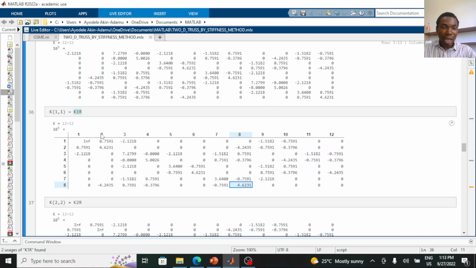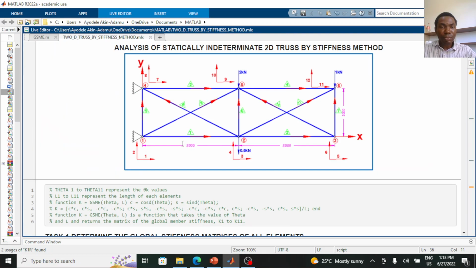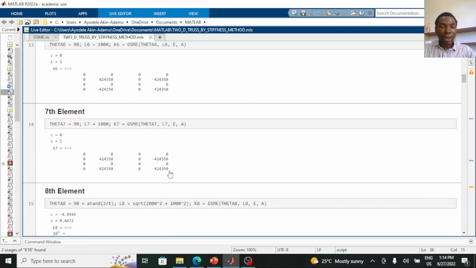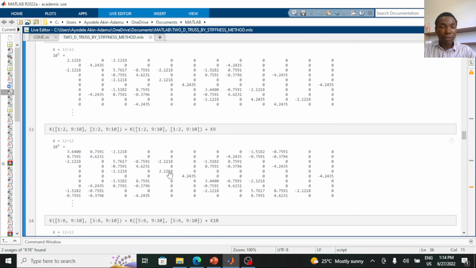That is the position where we have support degrees of freedom in our question, as you can see here. This is the model. At node 1, we have support, and the degrees of freedom there are 1 and 2. At node 4, we have support, and the degrees of freedom are 7 and 8. So that's why we add elastic stiffness at these positions in the global stiffness matrix.